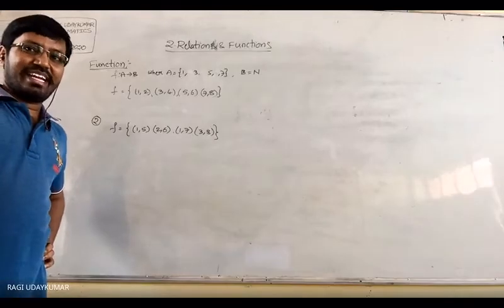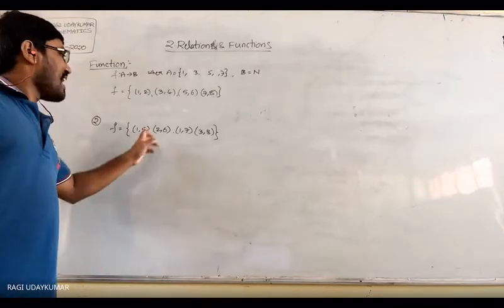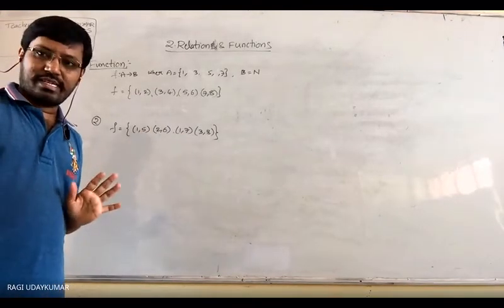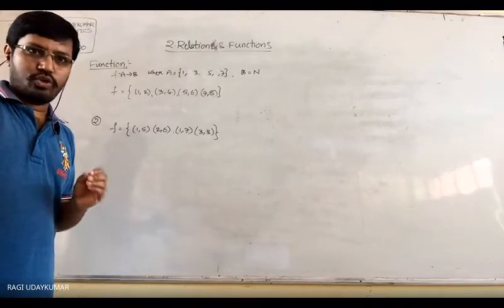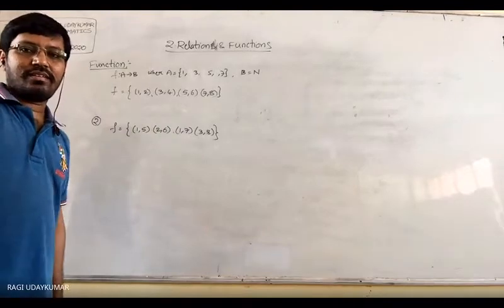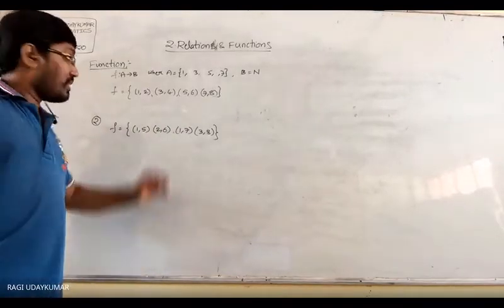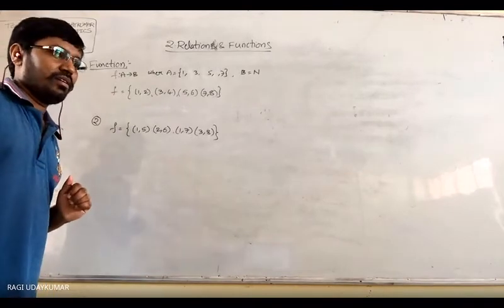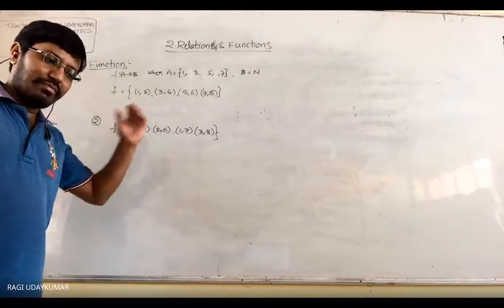Yes, sir. You can say no directly, because 1 is having 2 images. It doesn't matter, you don't know the domain and anything. Then you can say that this is not a function.